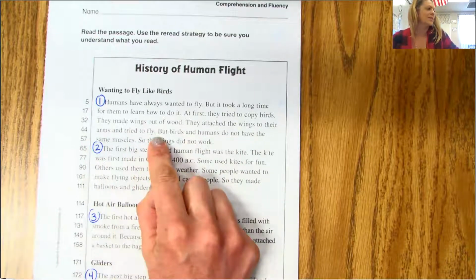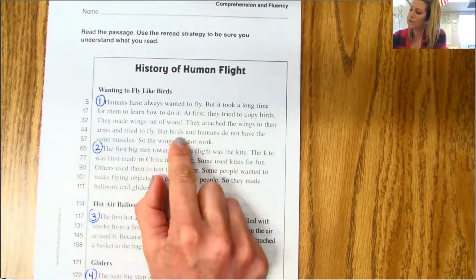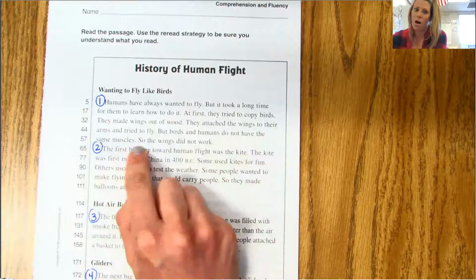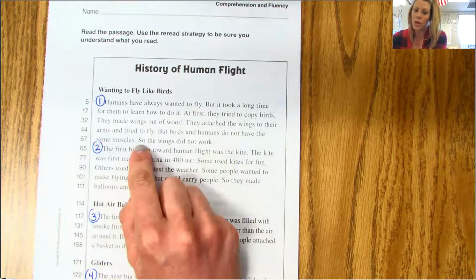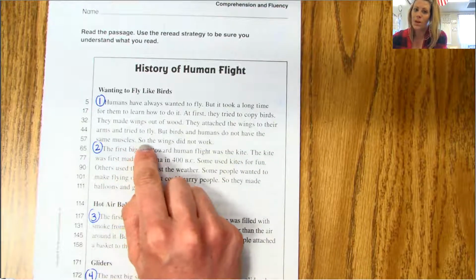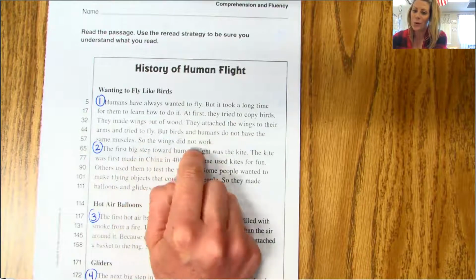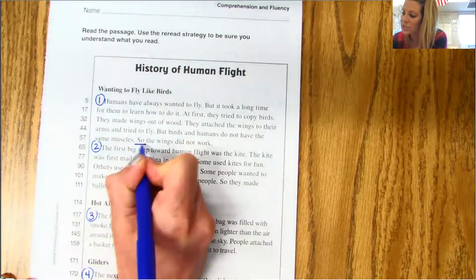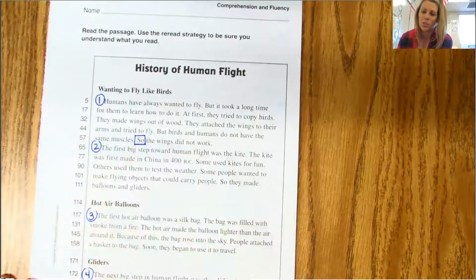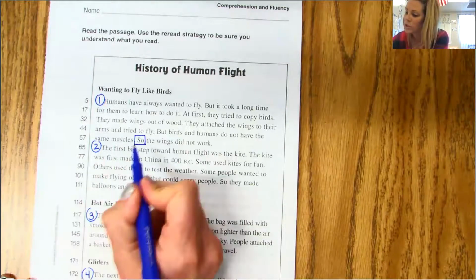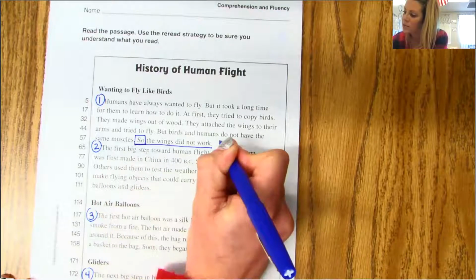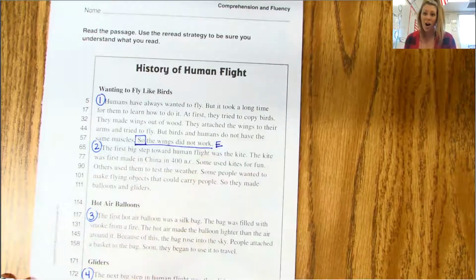But birds and humans do not have the same muscles. So the wings did not work. Is that an effect word? Well, I just told you that so is a what? A cause word or an effect word? It's an effect word. So here's our effect right here. So the wings did not work. What's the cause?